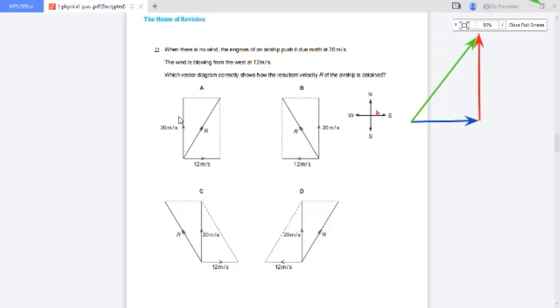This is the resultant vector. So option A is similar to our activity, so the correct answer would be option A.